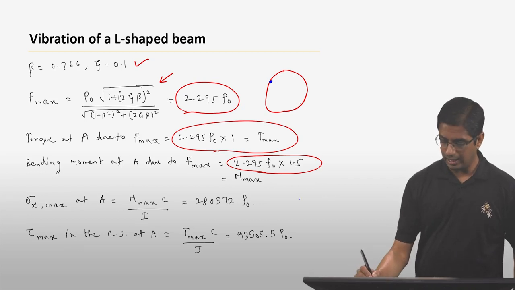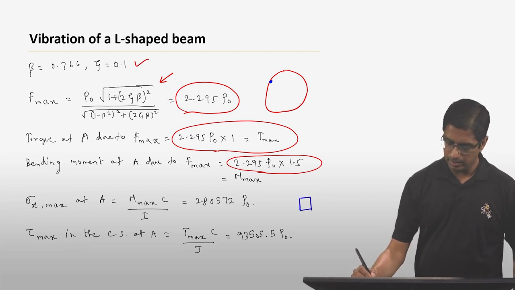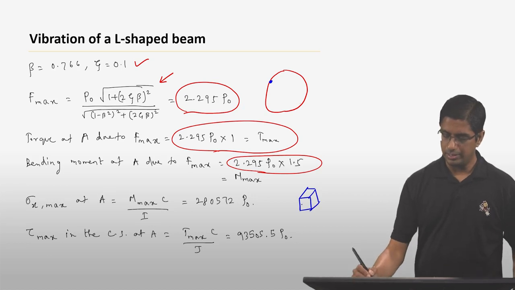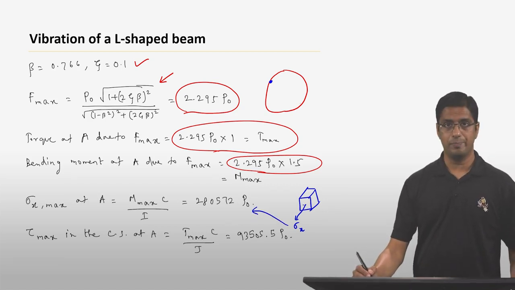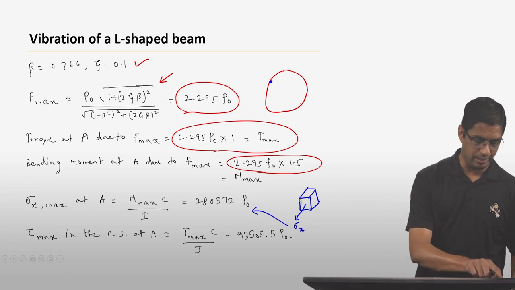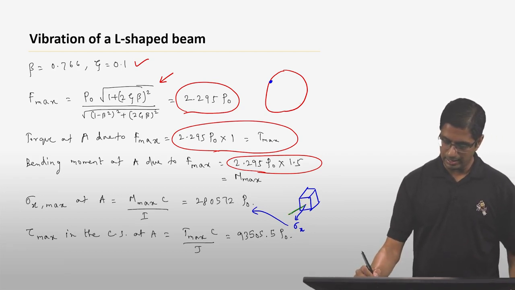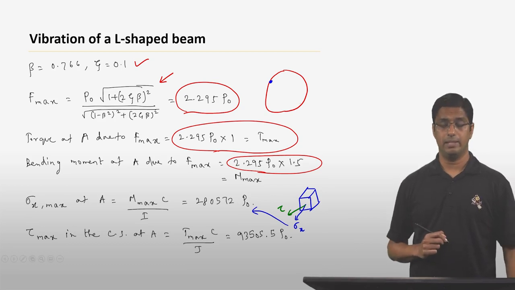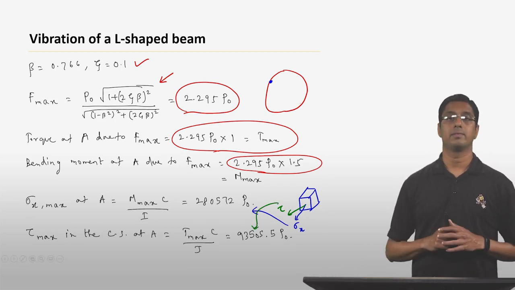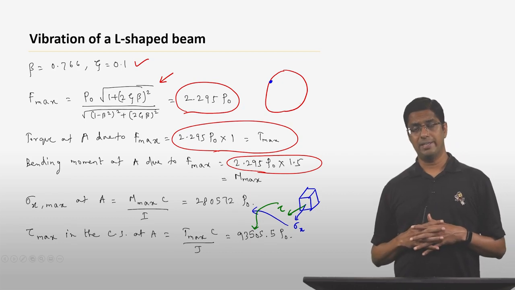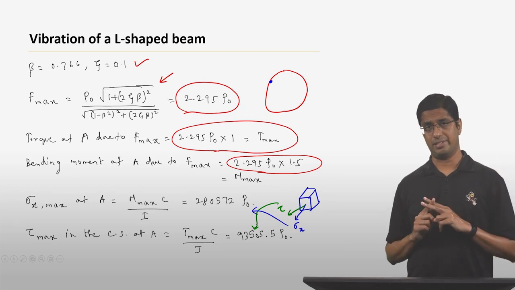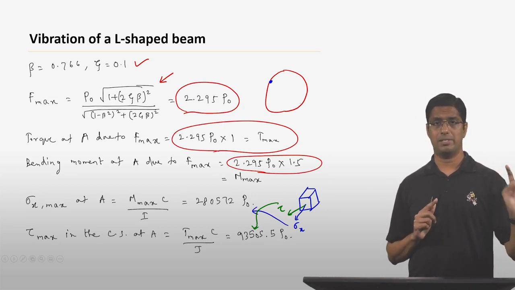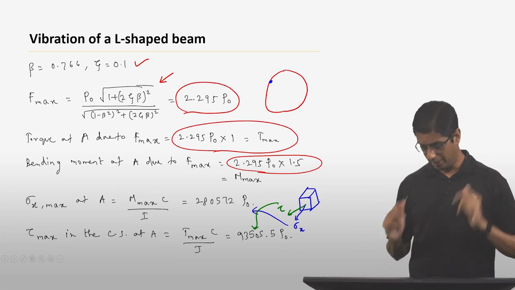If you draw a stress cube at that point, there is going to be a normal stress sigma x on it, given by this, and some shear stress, let's say tau, and that tau is given by this. The main thing I want to point out is that the state of stress at this point is a 2D stress state. You have one normal stress and a shear stress.